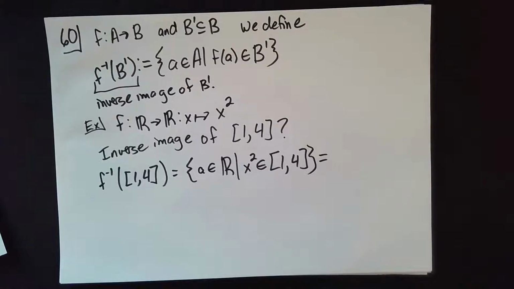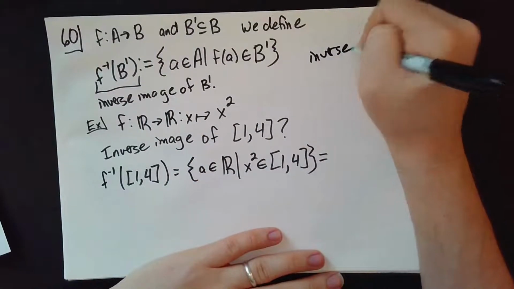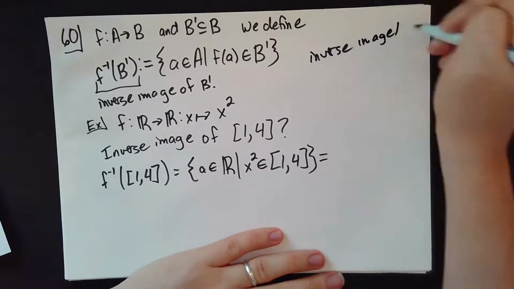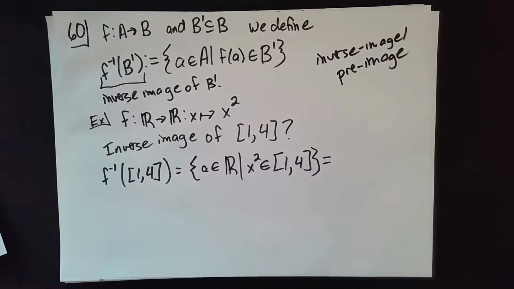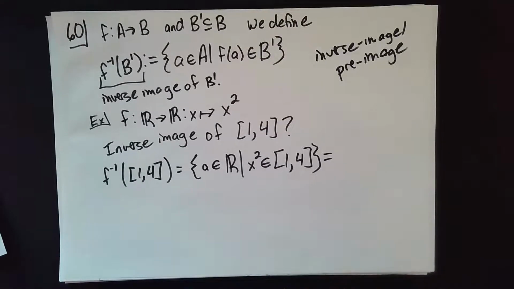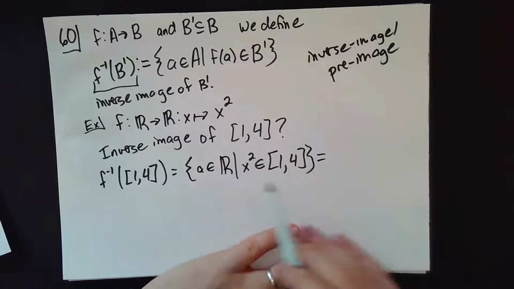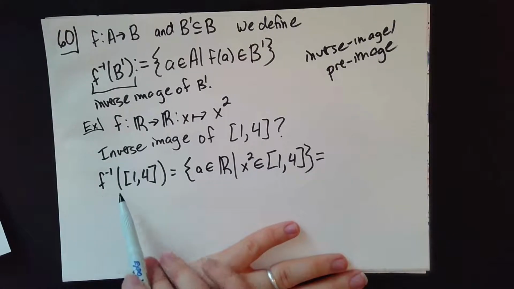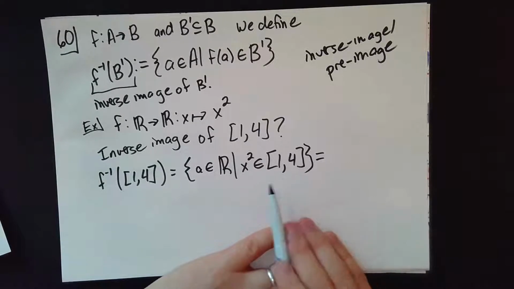Oh, did I call it pre-image in the question? Sorry, inverse image and pre-image are the same word. I used a different word in the... Yeah, so inverse image, pre-image. Sorry, my bad. So in this case, I'm asking, what are all the things I can square to get a number between 1 and 4?